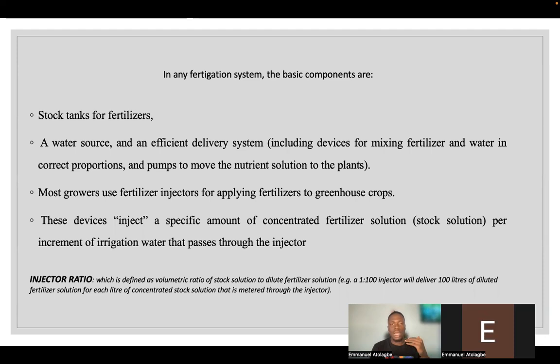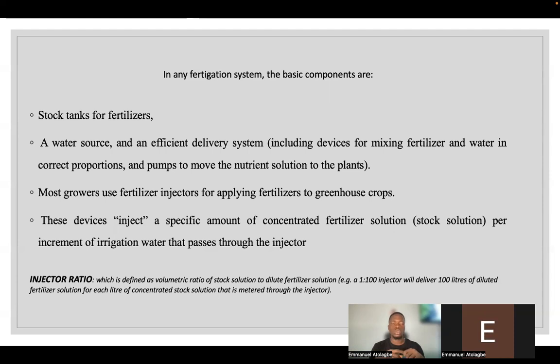The richer you are, the more bulky your system will be. But basically, you would have a stock tank for fertilizers. You always have a stock tank. If you browse on Google, you'll see how they arrange their tanks. Tanks come in different formats, but you do have a stock tank. Then you have a water source.